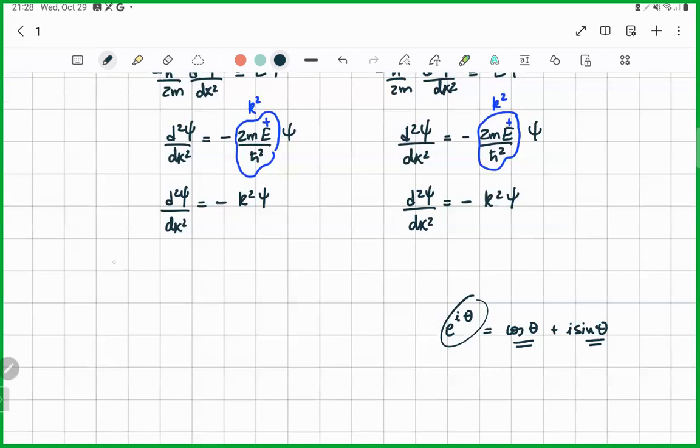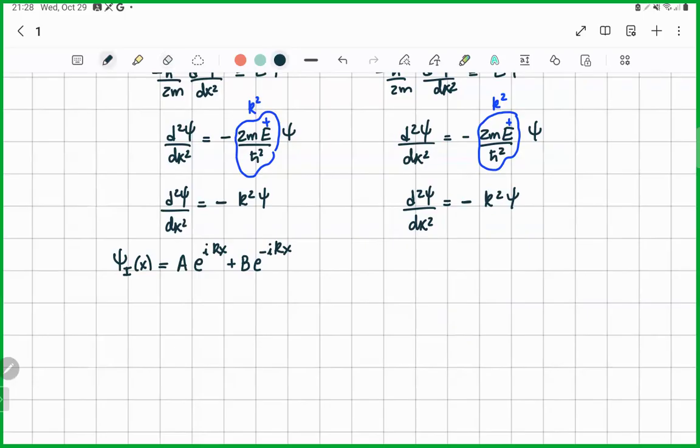I'm going to write here for the region 1 the solution with the i: a exponential of plus ikx and b exponential of minus ikx. On the positive side, same thing.